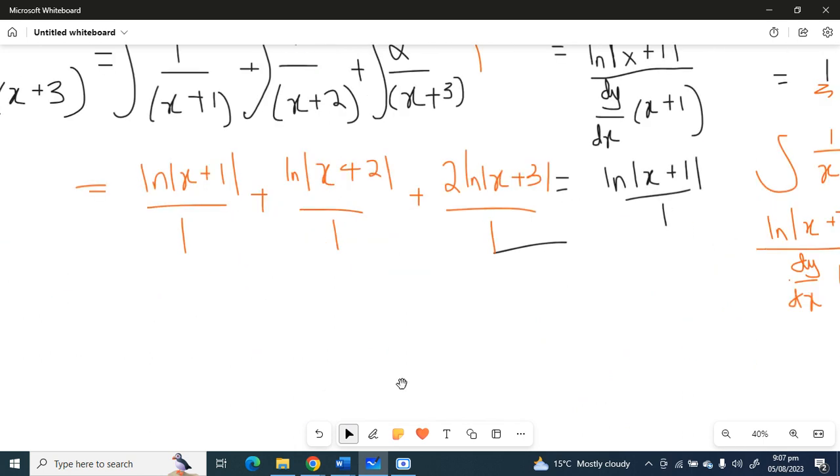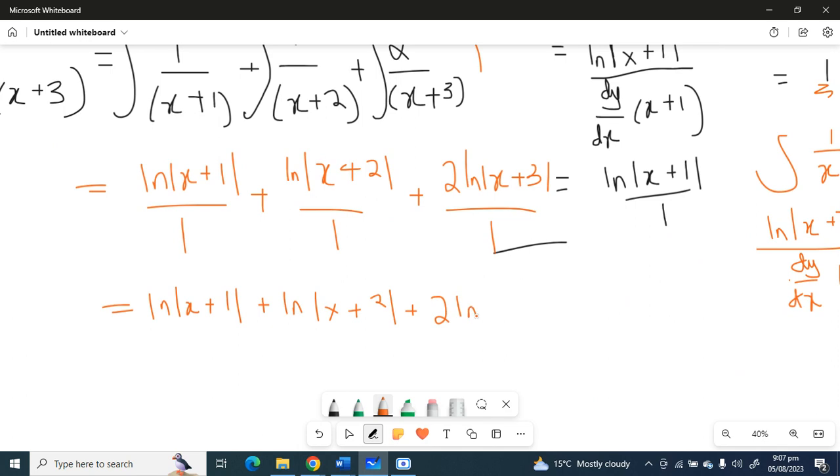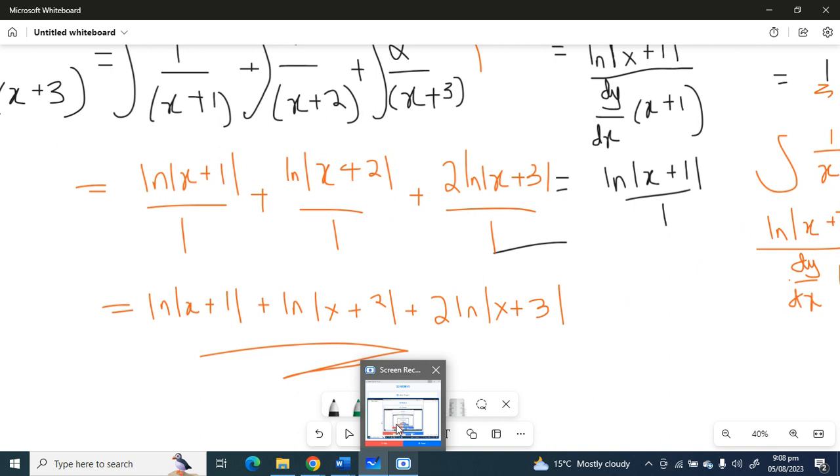So your answer is going to be the natural log of x plus 1, plus the natural log of x plus 2, plus 2 times the natural log of x plus 3. So that is the answer. Any questions?